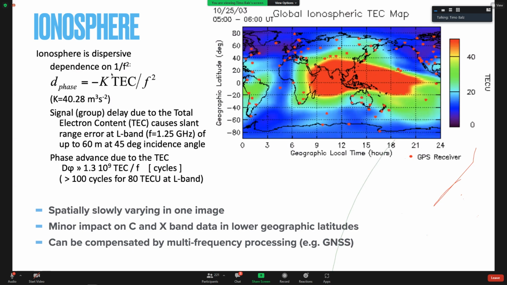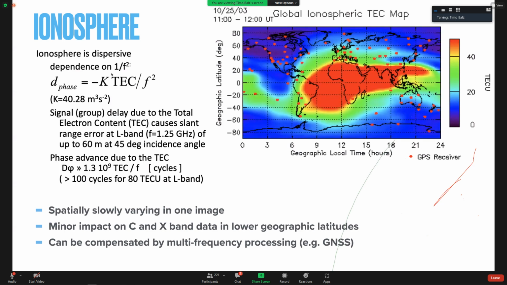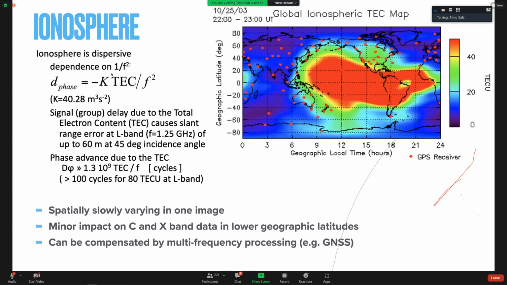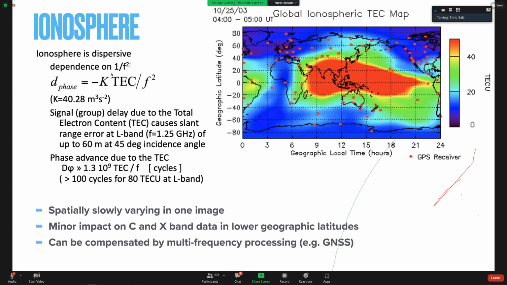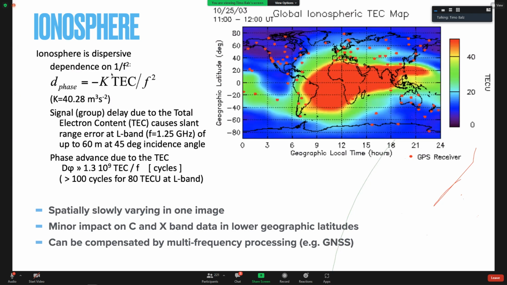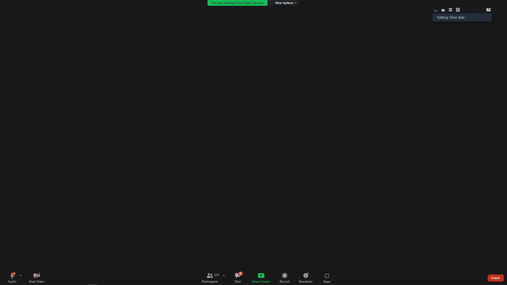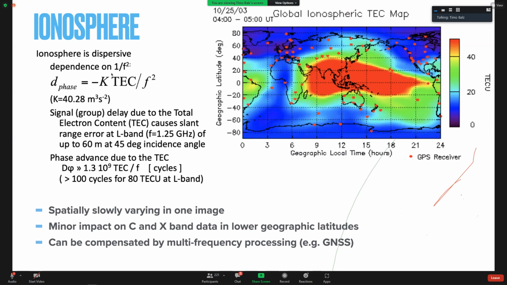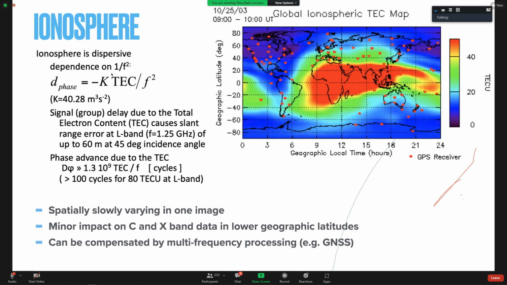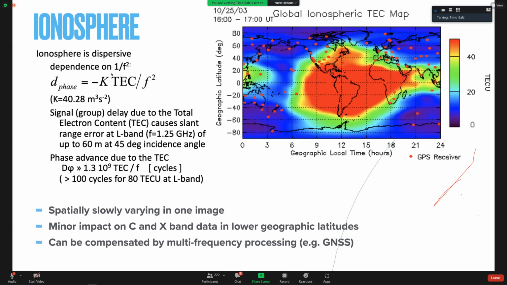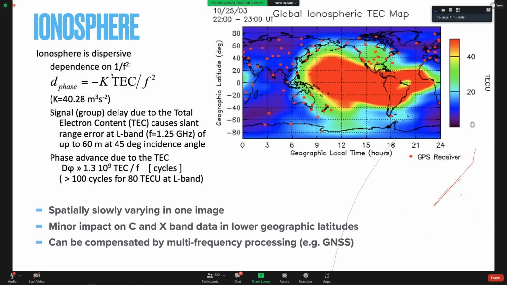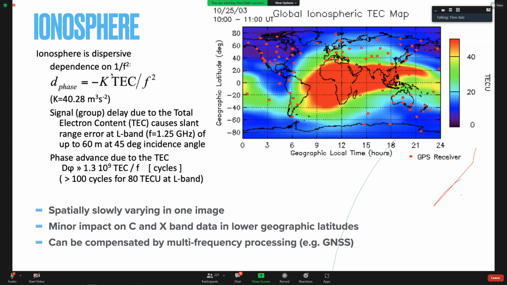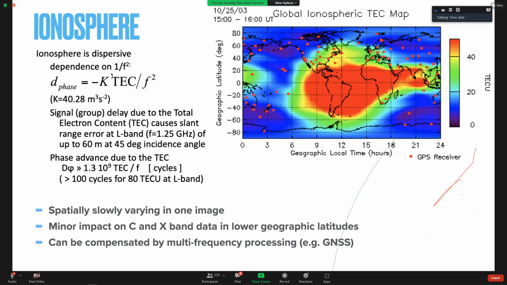So for shorter wavelengths, C and X band, there is not much influence from that. That is mostly dominated by the atmosphere, the tropospheric phase delay. But for longer wavelengths, the ionospheric path delay is much more severe and can dominate the overall effect. We can, as written here, compensate by multi-frequency processing, but at this moment, that's not going to be possible for you with SAR, because typically you only have one frequency available.